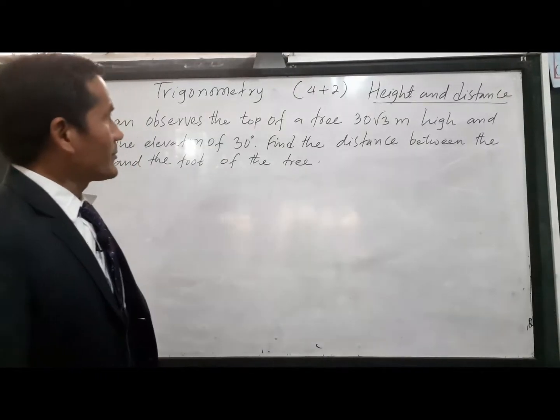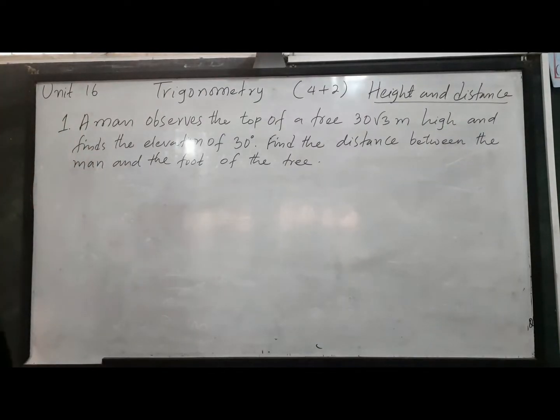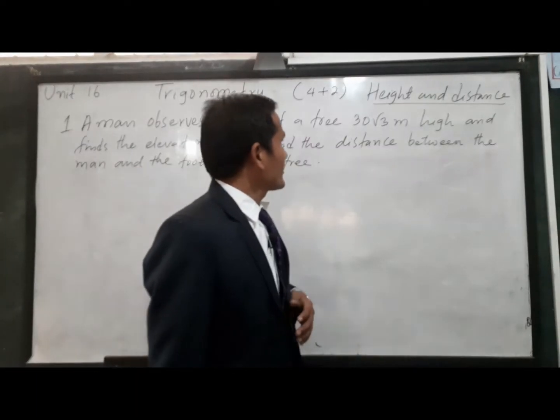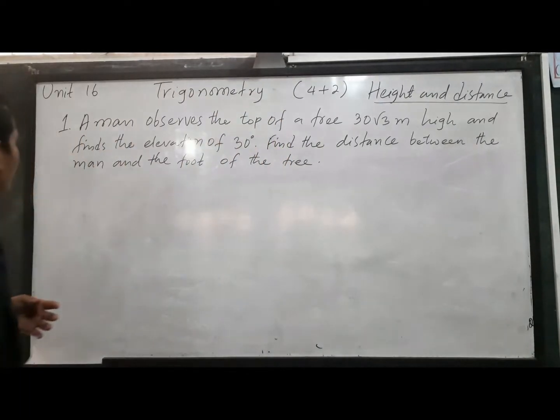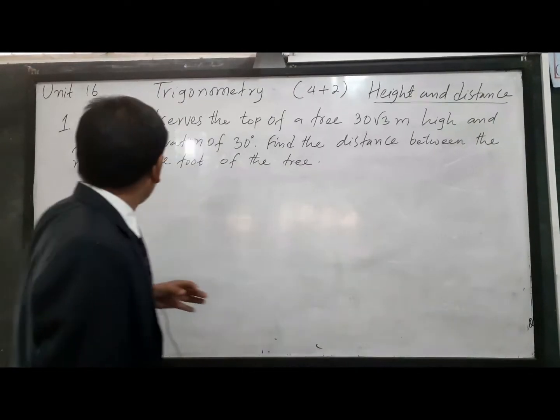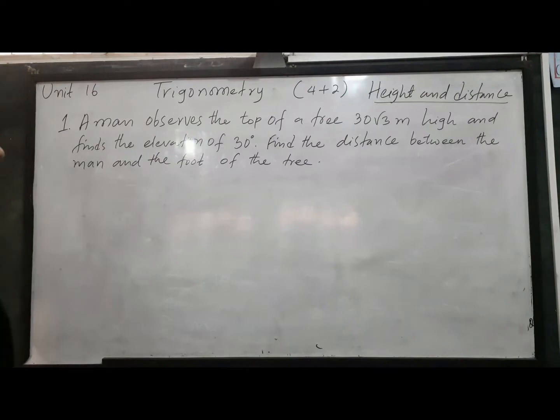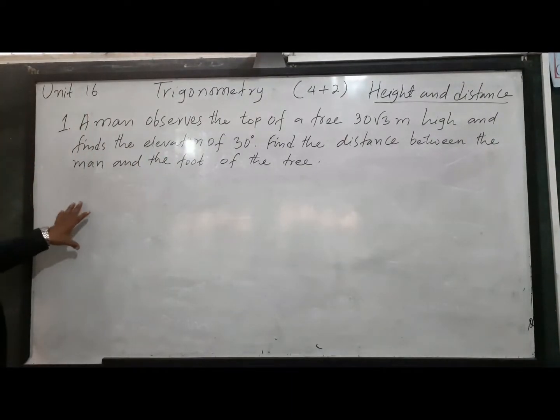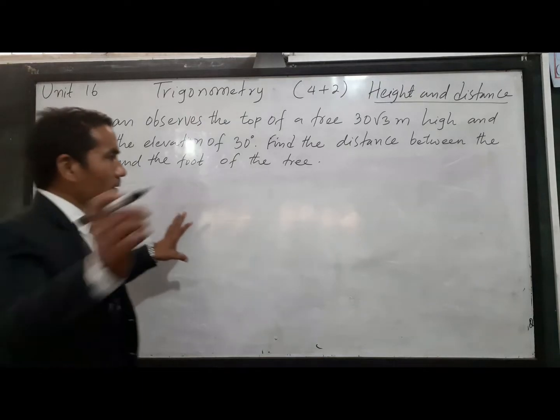Let us do a problem related to height and distance in trigonometry. Question number 1. A man observes the top of a tree, 30 root 3 meters high, and finds the angle of elevation to be 30 degrees. Find the distance between the man and the foot of the tree. I have already told you we have to assume a right angle triangle.